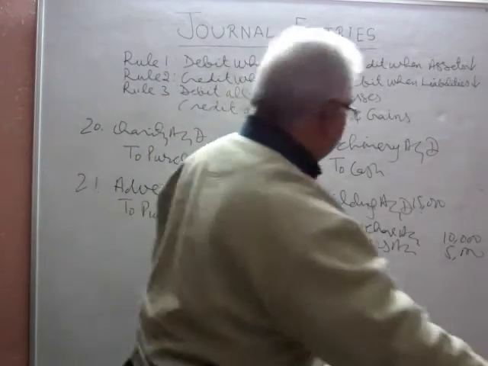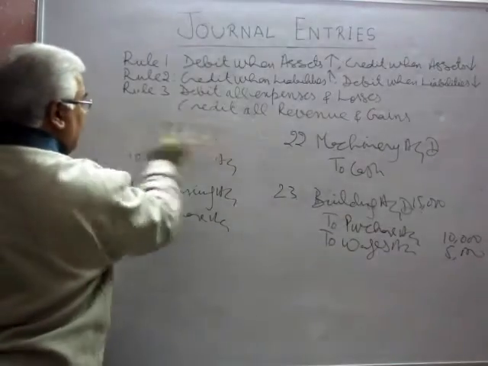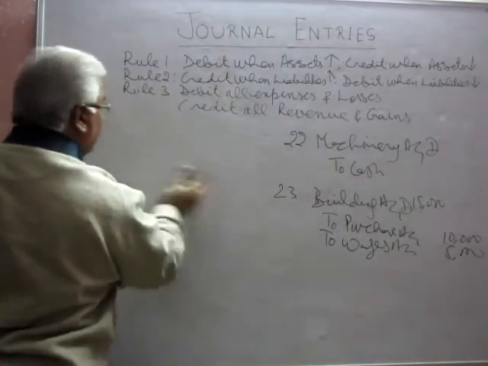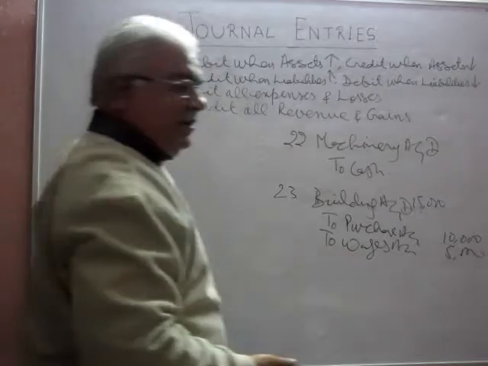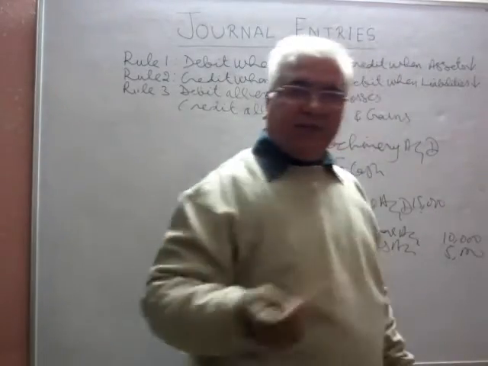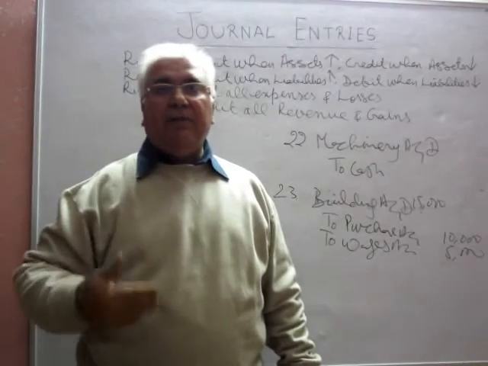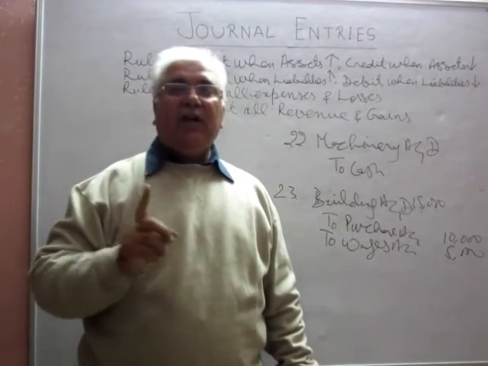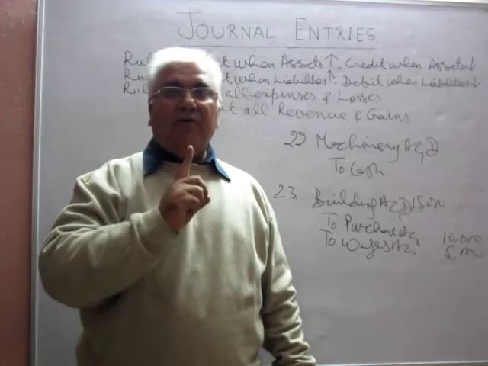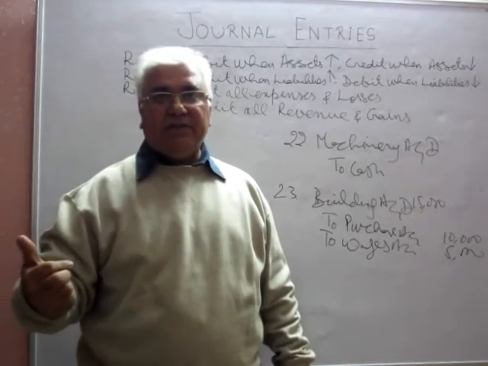For example, you have got insurance done in the month of, say, January. On 1st January, you got insurance done for a period of 1 year, for a period of 12 months. And your accounting period is from 1st April to 31st March.